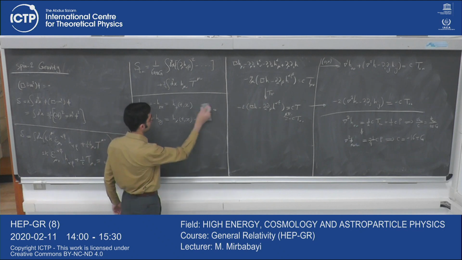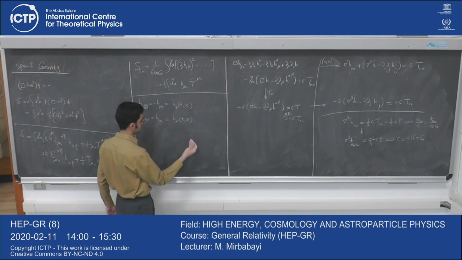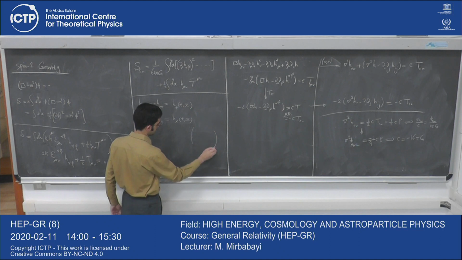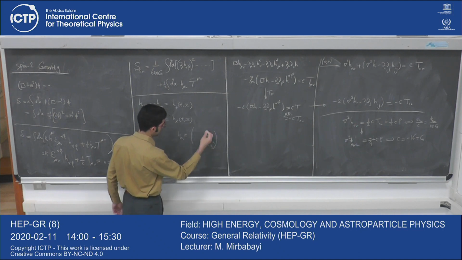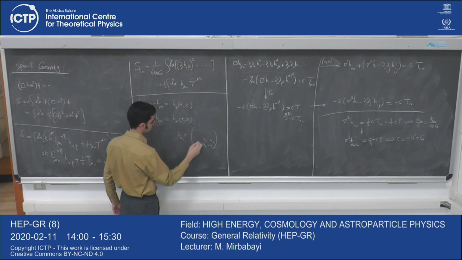Right, so this is the form of the gravitational waves that we get. If you like to see it as a matrix, then this h mu nu matrix is going to look like h plus, minus h plus, h cross, and then 0 everywhere else.